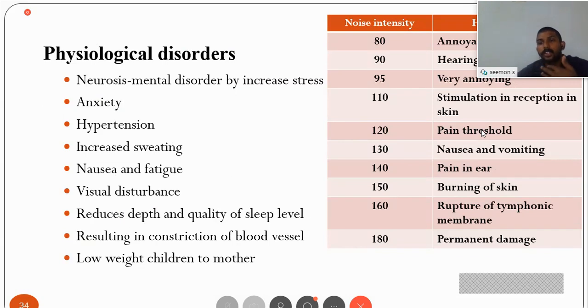While we are communicating, it comes to only 60 decibels, so that will not cause any problem for us. If it reaches 80, it causes annoyance, and if it is 90, it causes hearing damage and more.